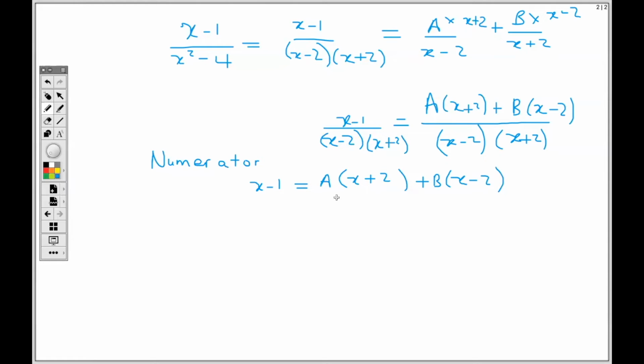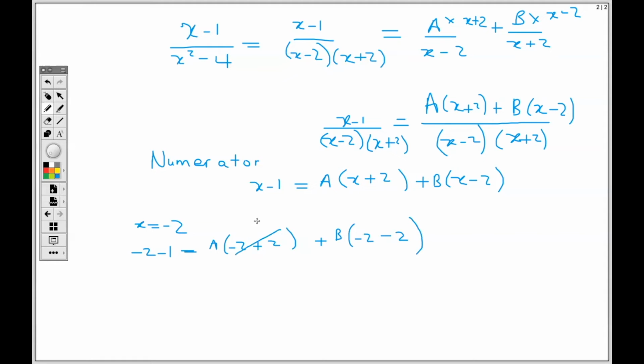So now I'll be substituting values for x to eliminate one side. So let's look at this. I can replace x with minus 2 for A times x plus 2 to be gone. So substituting x as minus 2 in the numerator, I will have minus 2 minus 1 is equal to A times (minus 2 plus 2) plus B times (minus 2 minus 2).